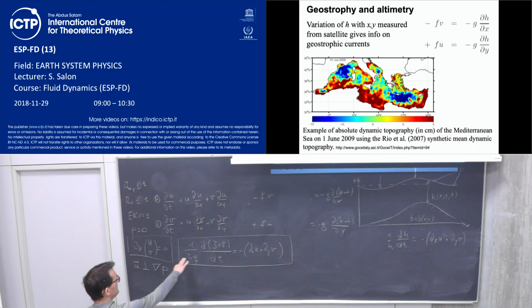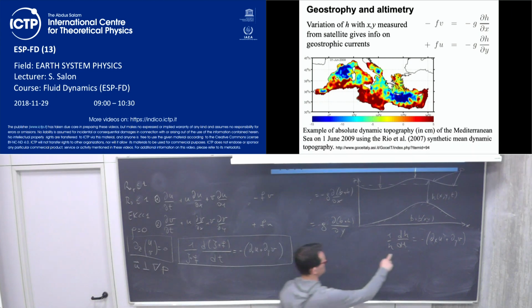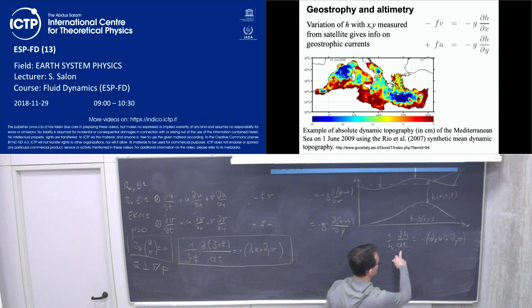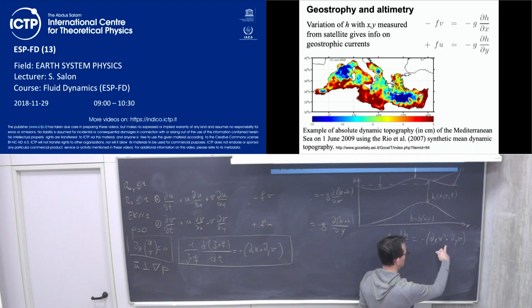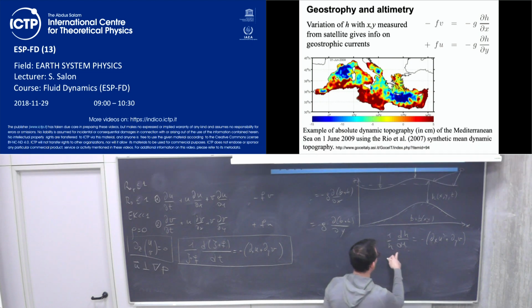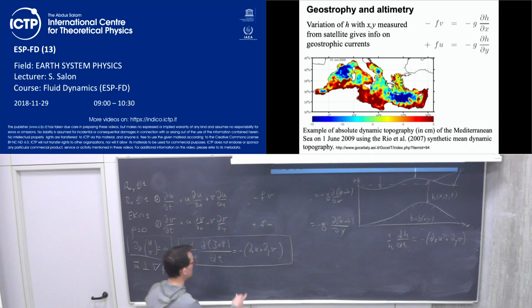So now we have this equation and this equation. This is telling us that when we change the horizontal flow, we will have an effect on the depth of the water column, of the fluid column. This is saying that if we change the divergence of the flow, we will have an effect on the vorticity, on the total vorticity of the flow.